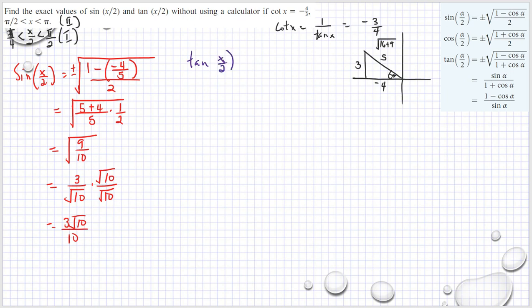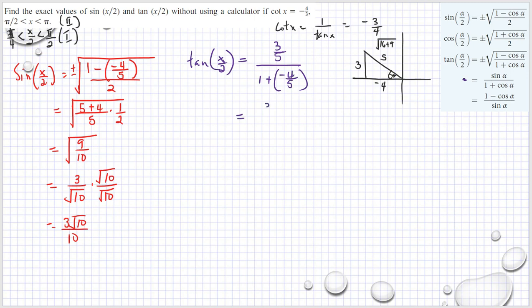Okay. And then we have tangent x over 2. Let's see which of them is not complicated. It doesn't matter here. We can use sine x over 1 plus cosine x. Our x is in the second quadrant, so sine is positive. We have 3/5 divided by 1 plus negative 4/5.